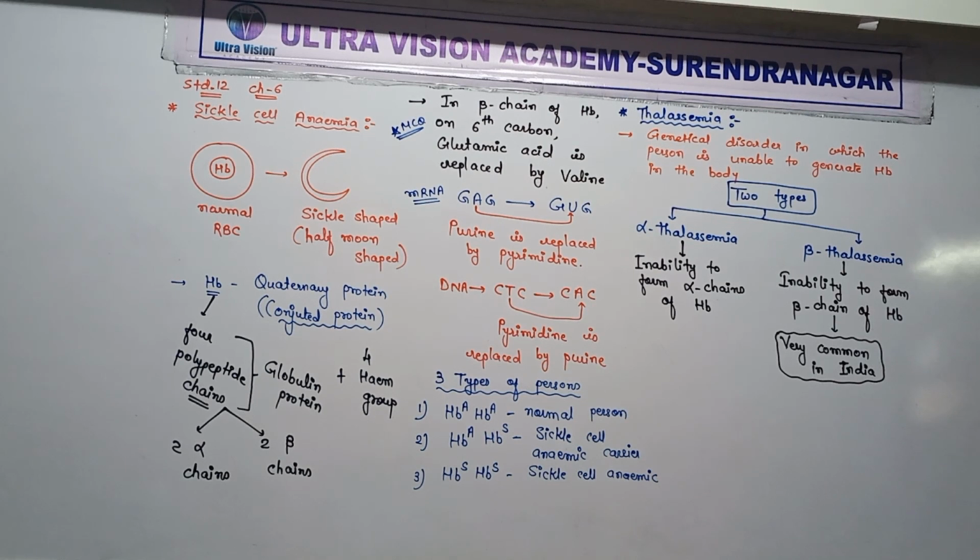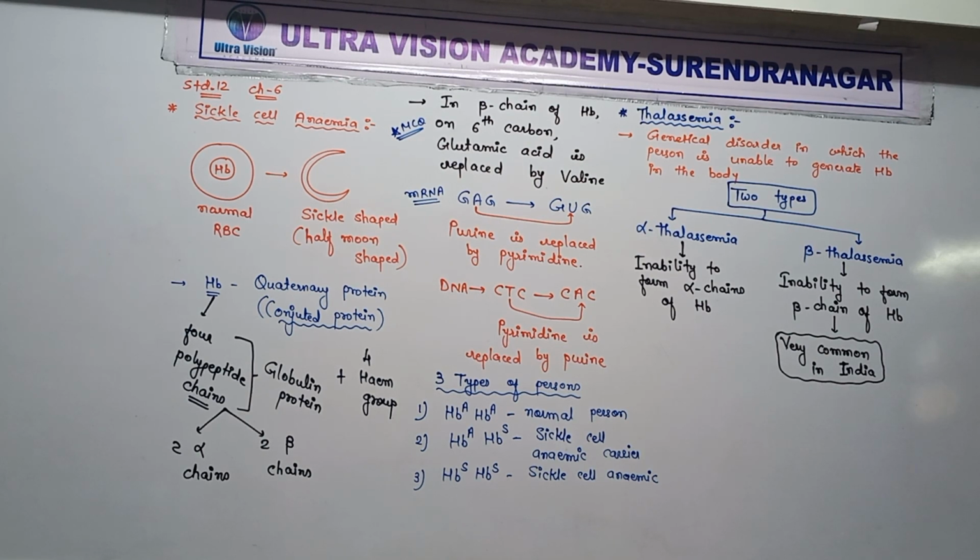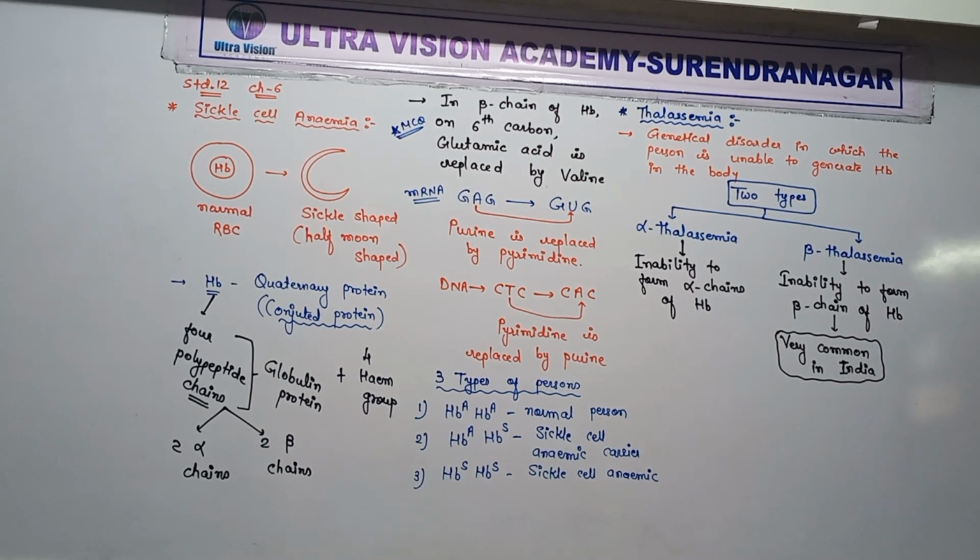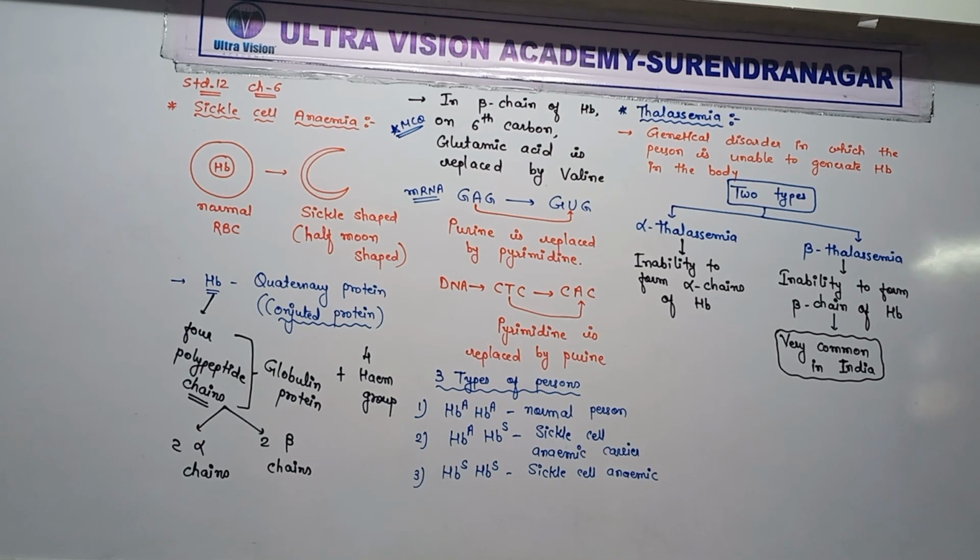See, now the 2 cases, thalassemia minor and thalassemia major. What do you mean by this? For example, in alpha thalassemia, HbA1 and HbA2, out of these 2 genes, one gene is affected. For example, I can say that person has thalassemia minor.